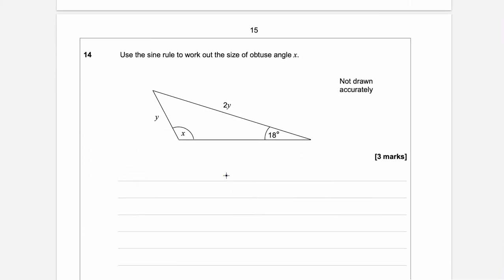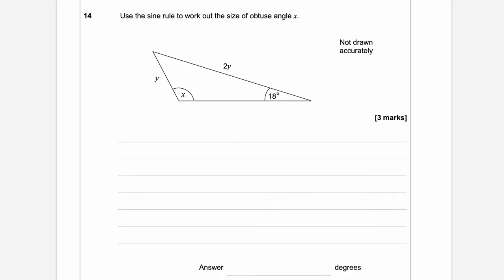Okay, question 14. Use the sine rule to work out the size of the obtuse angle x. So guys, we have sine x. I always like to start with the one I want. So sine x over 2y equals sine 18, sine other angle, over its opposite side, which is y.